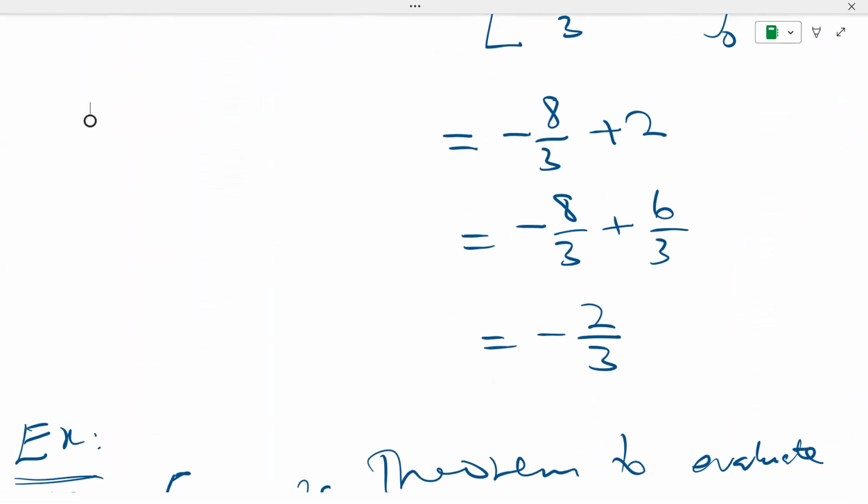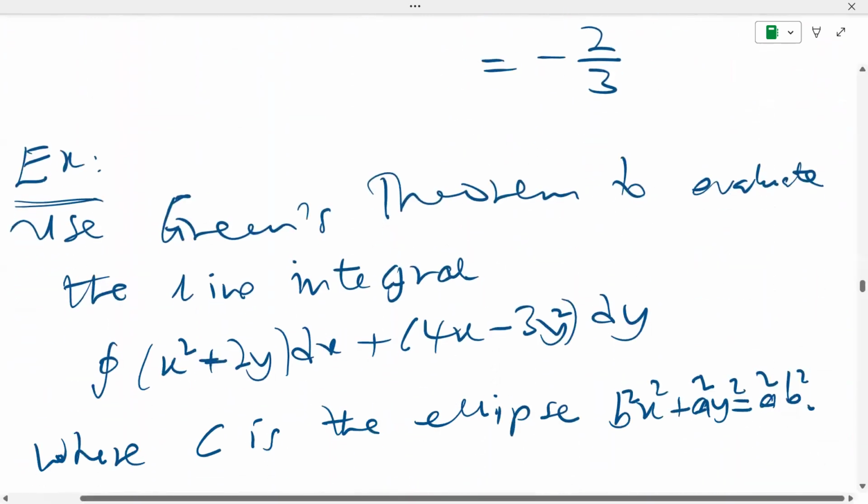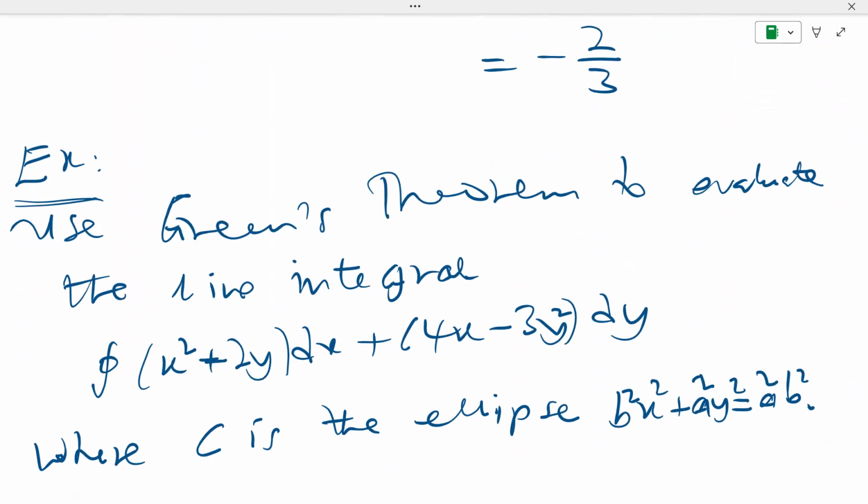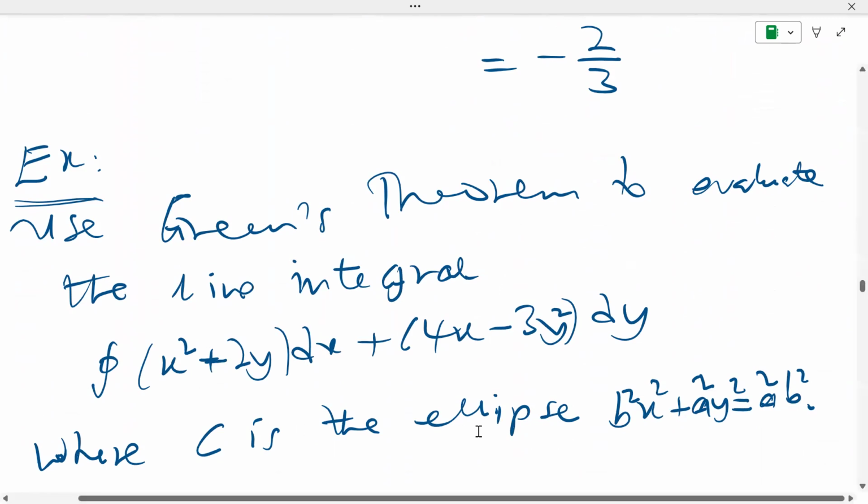There's an exercise here; I want you to try it. Use Green's theorem to evaluate the line integral, where C is the ellipse.